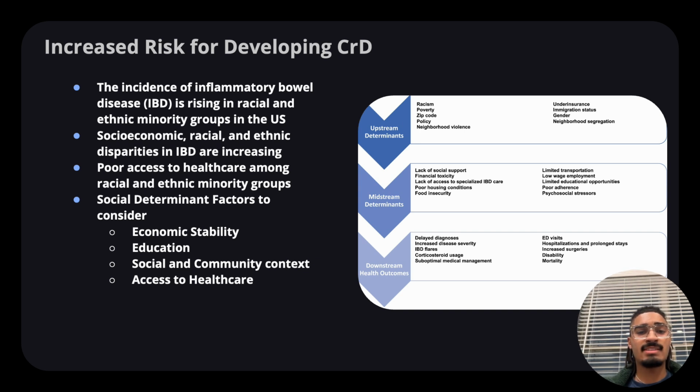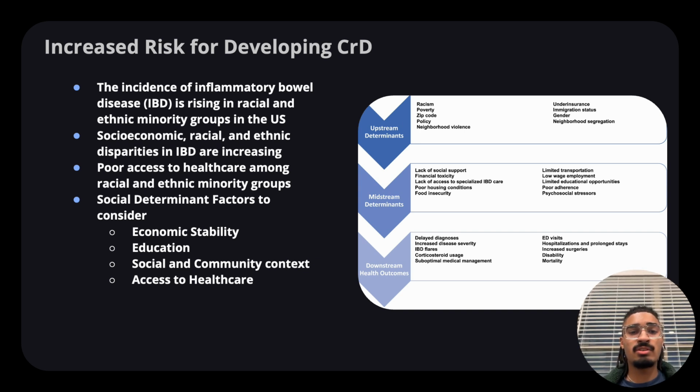This means that poor access to healthcare among racial and ethnic minority groups can actually lead to these increasing disparities. And social determinant factors can include economic stability, education, social and community context, as well as access to healthcare. And many of these people don't actually have access to healthcare, which can result in the increasing incidence of Crohn's disease among these people.